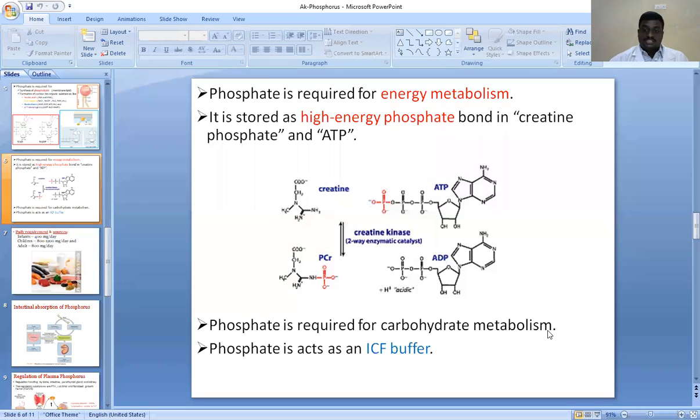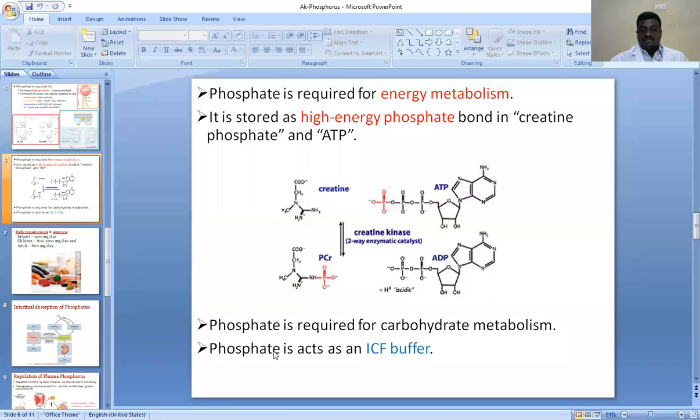Next is fructose 6 phosphate, and glucose 6 phosphate dehydrogenase. Like that, different phosphate ions bind with the different products of the breakdown of the glucose. So that is carbohydrate metabolism.